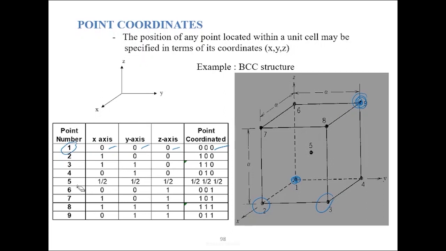The coordinate of x is 0; you can see it's not moving in x direction. In y-axis it moves 1, and in z direction it also moves 1. So the coordinate for point 9 will be 0, 1, 1. I hope you understand that.